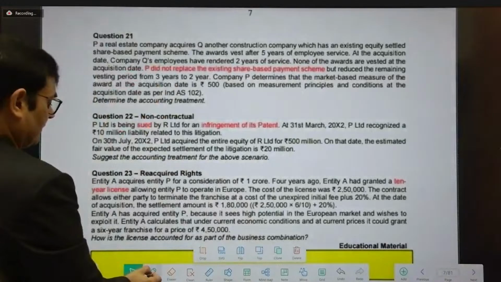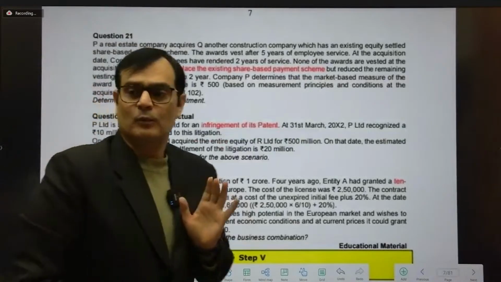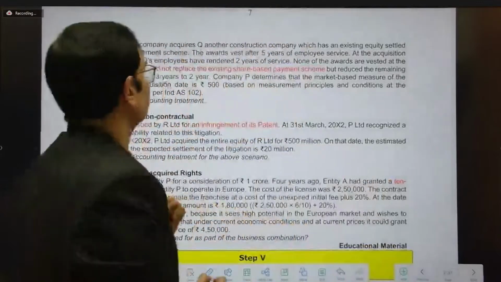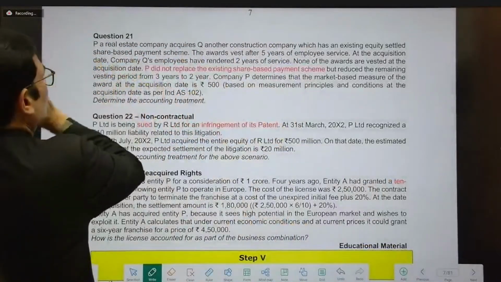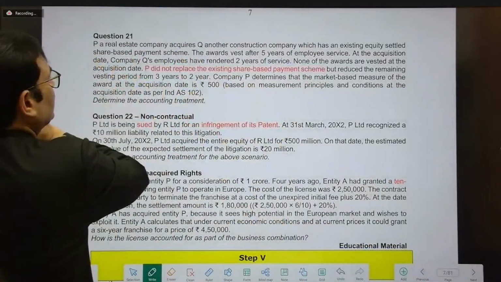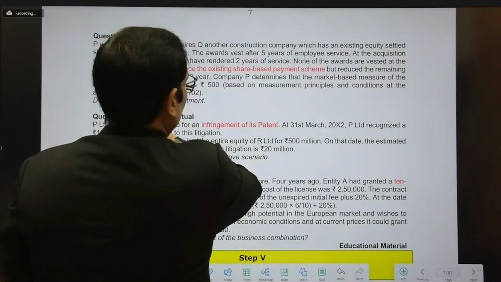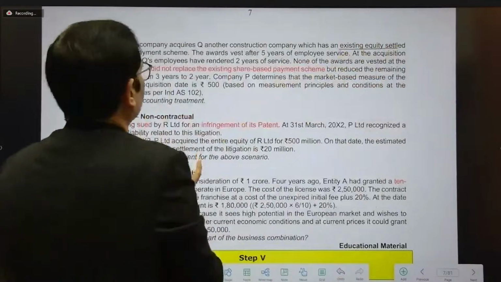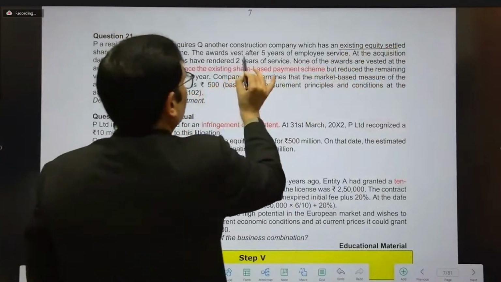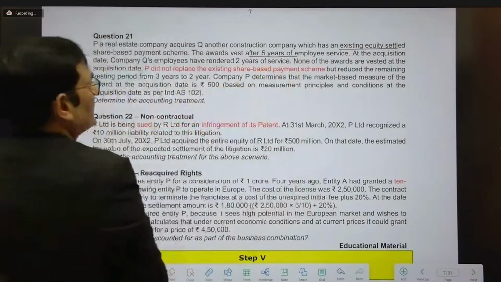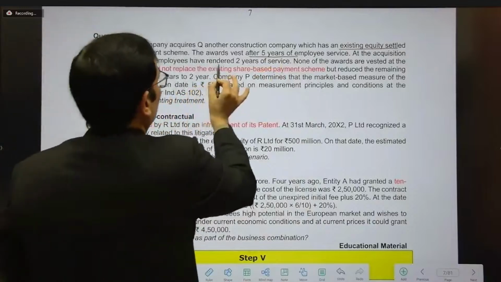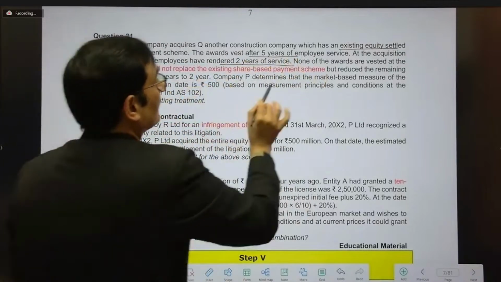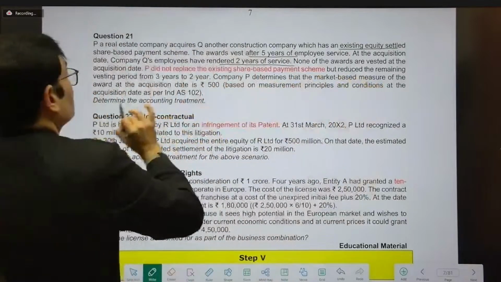So this is, I guess, on the concept when he says, I'm not going to replace. Let's see the inputs. Question number 21: P, a real estate company, acquires Q, another construction company with existing equity settled share-based payments. The awards will vest after 5 years of service. At the acquisition date, 2 years of service have already been rendered, so 3 years is left. None of the awards are vested at the acquisition date.